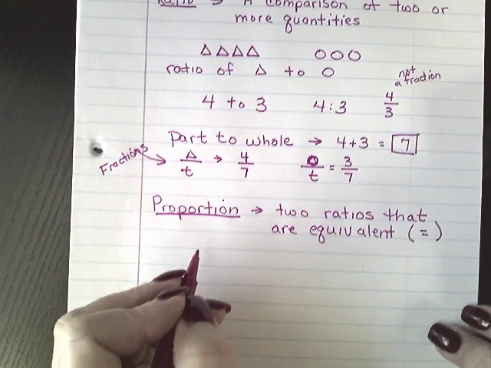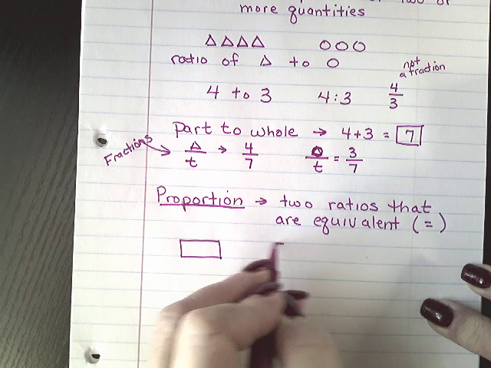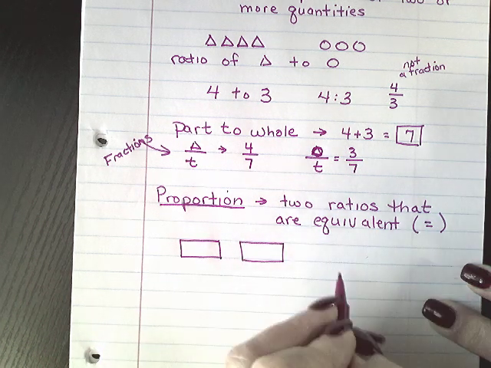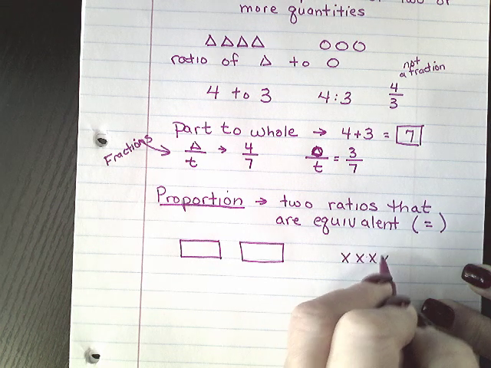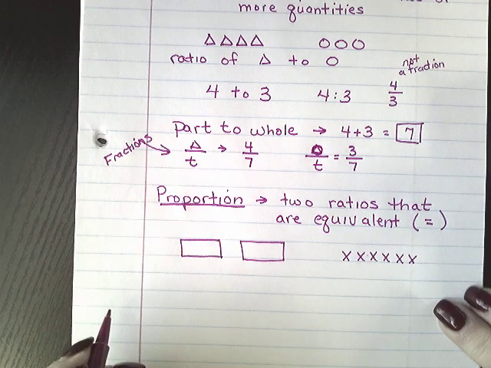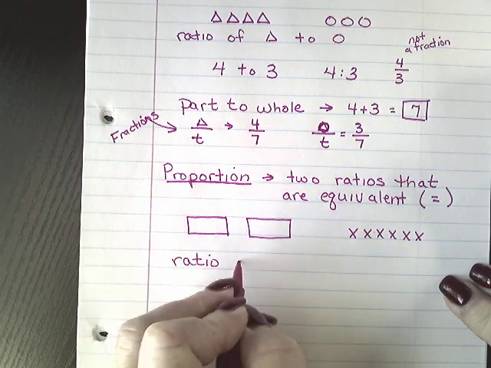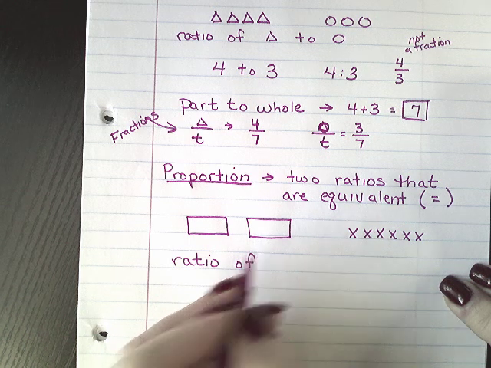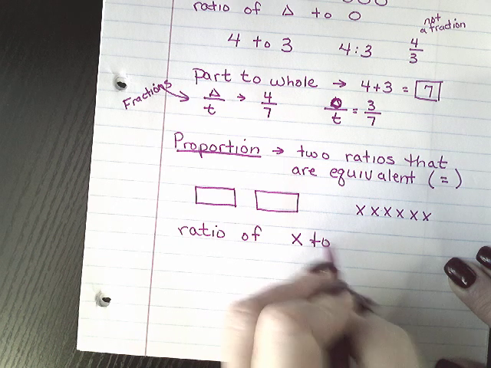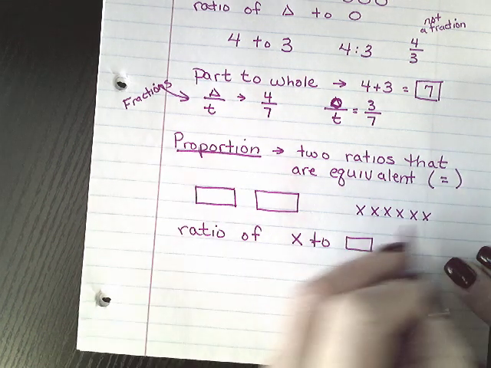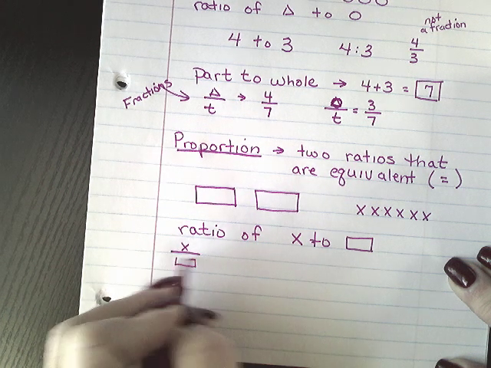So if I had rectangles, I have 2, and I have 6 x's. What is my ratio of x's to rectangles? Okay, well, I have 6. I'm going to write it down here, x over rectangle.